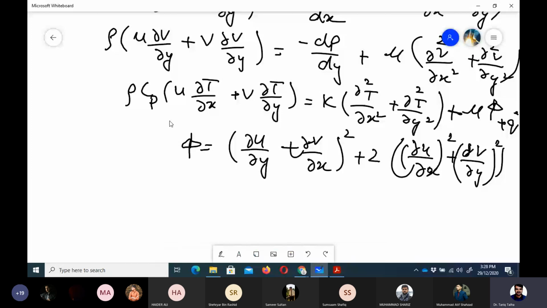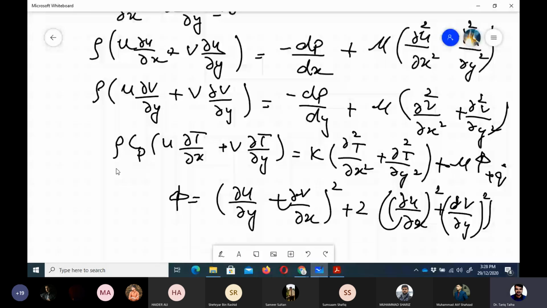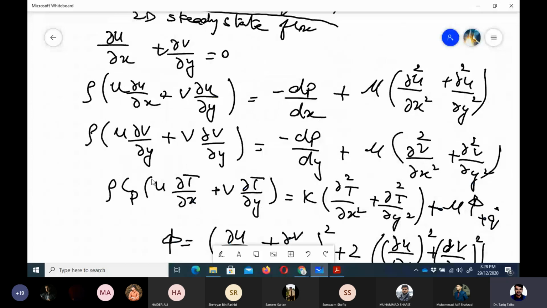Now I think you would appreciate the effort which commercial software like ANSYS does for you, because you don't need to deal with all these equations. All these equations are actually solved at each grid point when you create the mesh and apply the boundary conditions, and then when you click that simulation run button, all these 4 or 5 equations, I am talking about only 2D steady state flow.